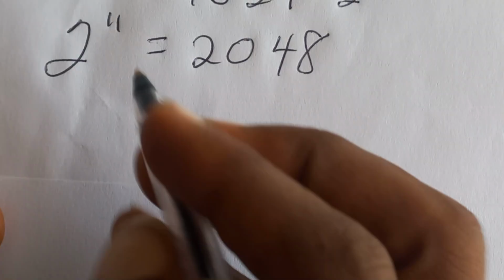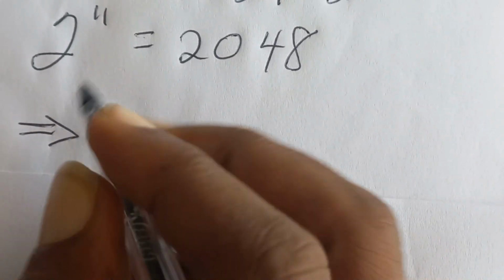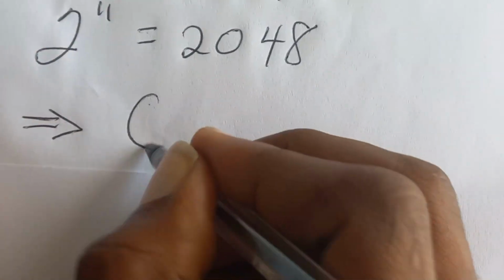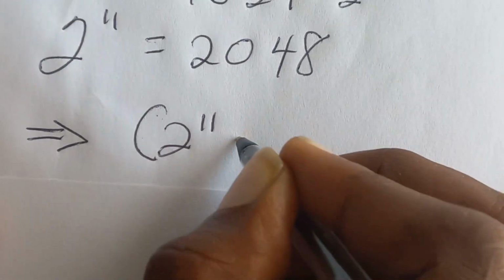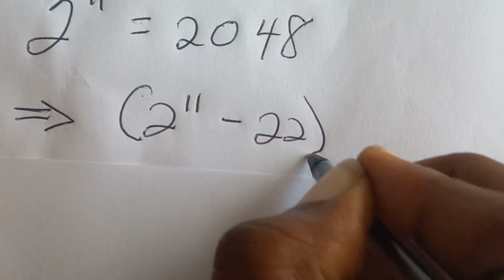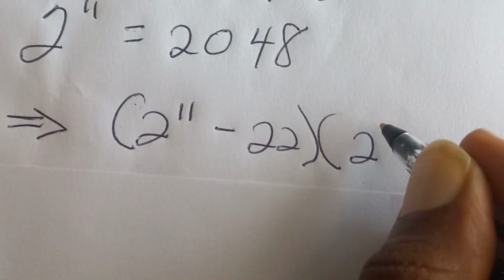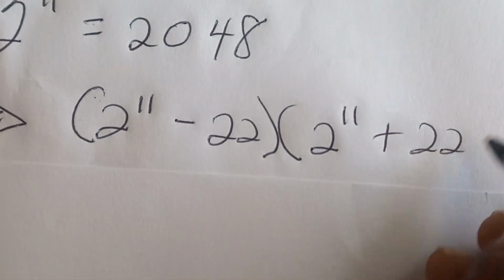So back to our expression, which was (2 exponent 11 minus 22)(2 exponent 11 plus 22).